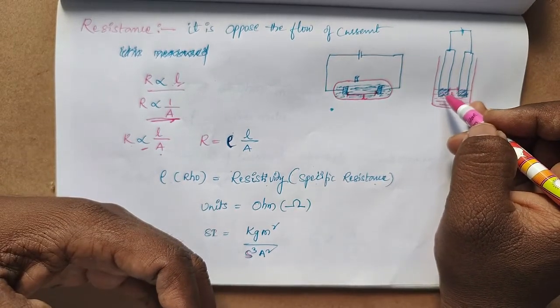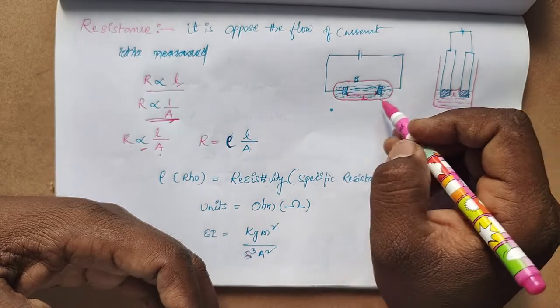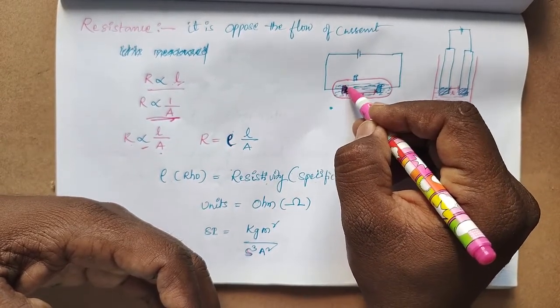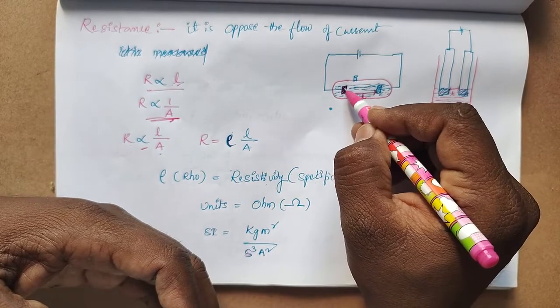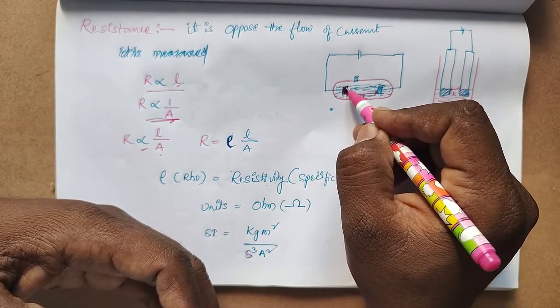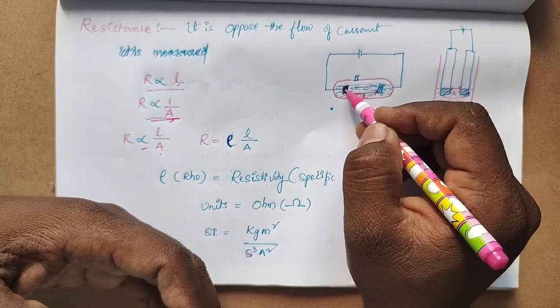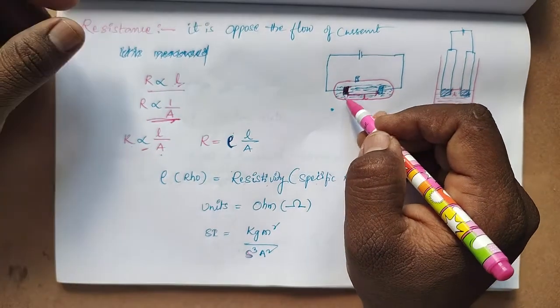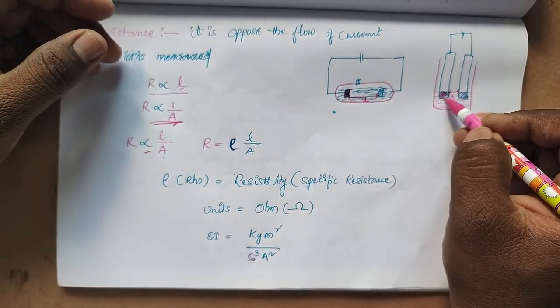And A is the cross sectional area. What is meant by cross sectional area? It is the electrode area that is in contact with the electrolyte.